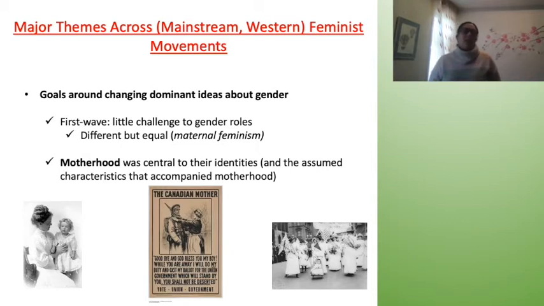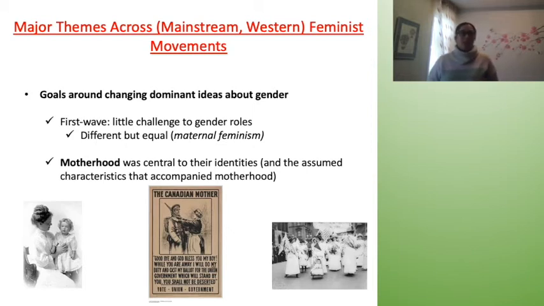So this idea of these first wave feminists, what we call maternal feminism, was very much one of different but equal, or separate but equal. So they could have equal rights when it comes to political participation, but this wasn't about changing ideologies, that they could maintain their position as mothers and housewives and these sorts of things that we covered last week when we talked about the family.